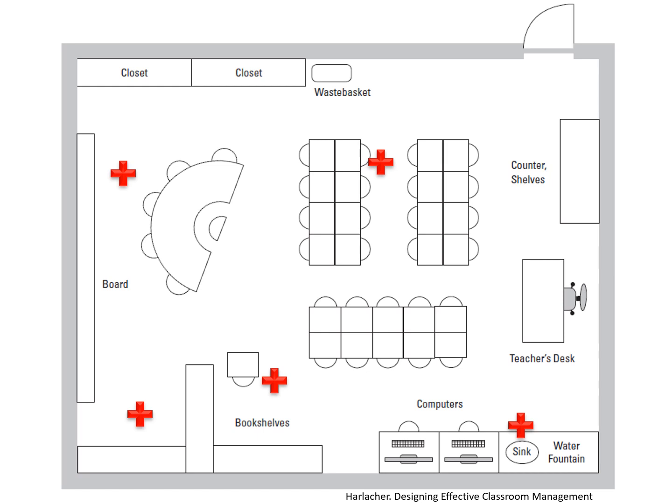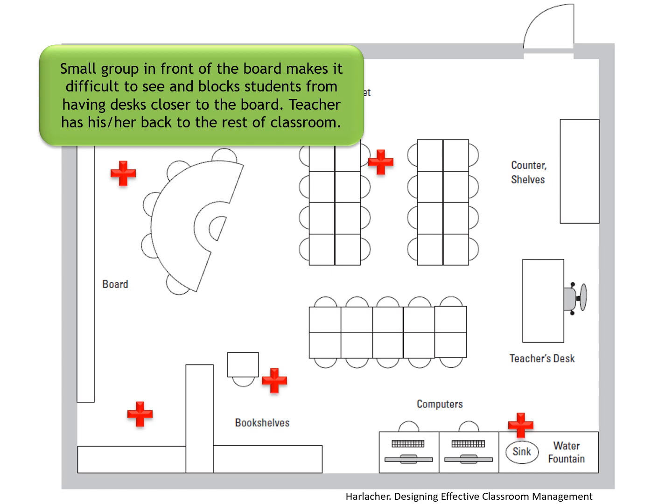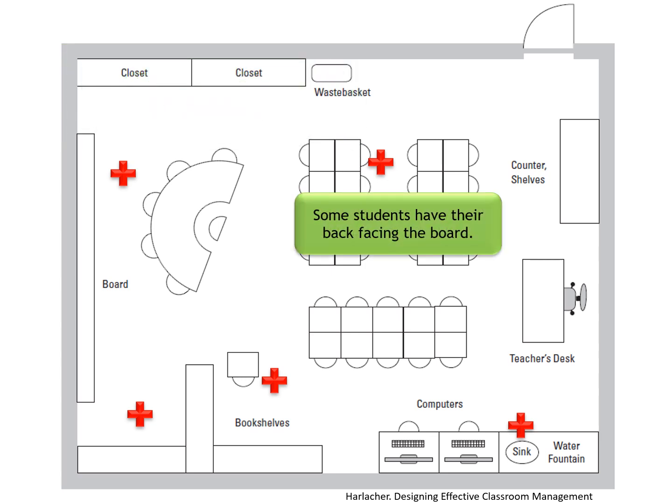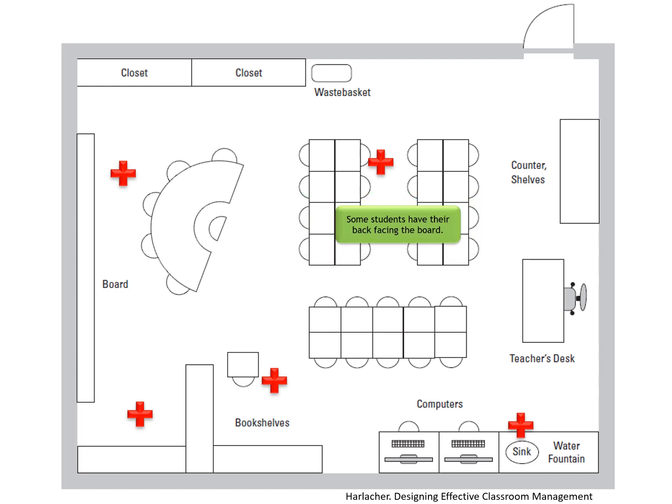Just the plus signs should represent areas of challenge. Small groups in front of the board makes it difficult to see and blocks students from having desks closer to the board. So that setting's not quite the way it should be. Some students have their back facing the board. That's not a good thing either.